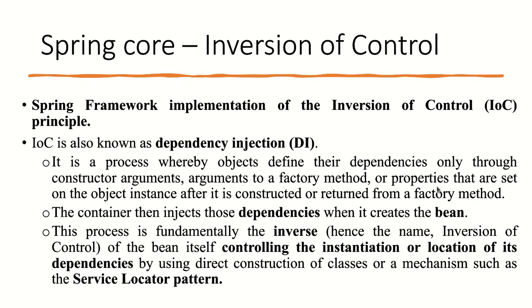The factory method is your context, where you get the bean configurations that have been done. These are the two types of dependency injection being used: constructor based, which we have seen, as well as property based.